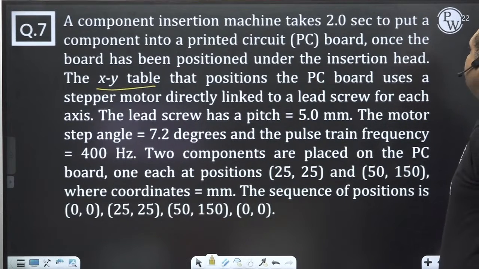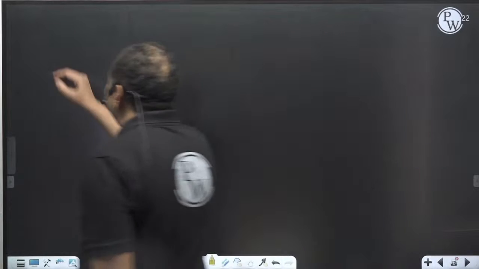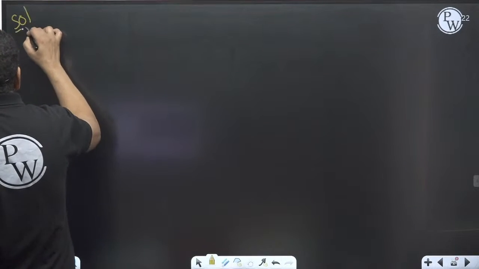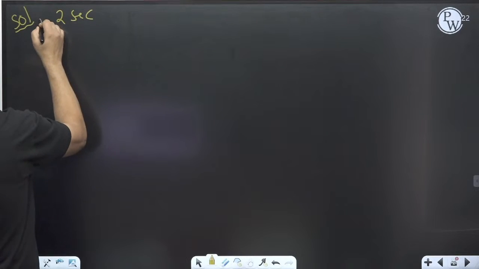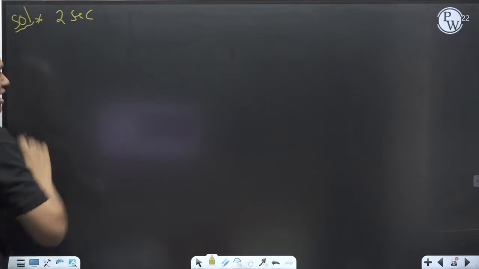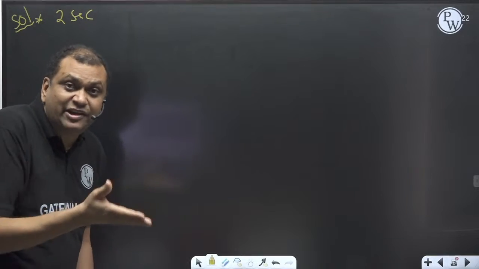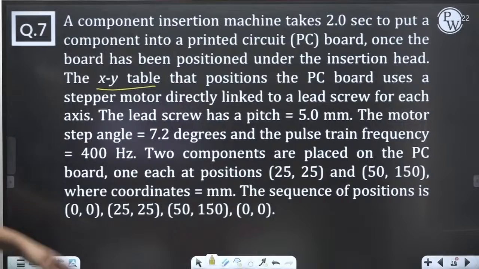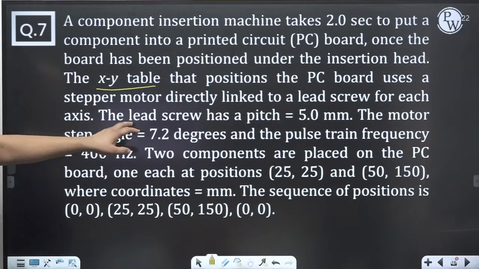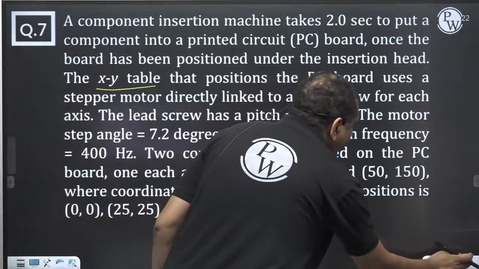So, solution. Two seconds time is required to insert that thing into a PCB, and the lead screw pitch is 5 mm.